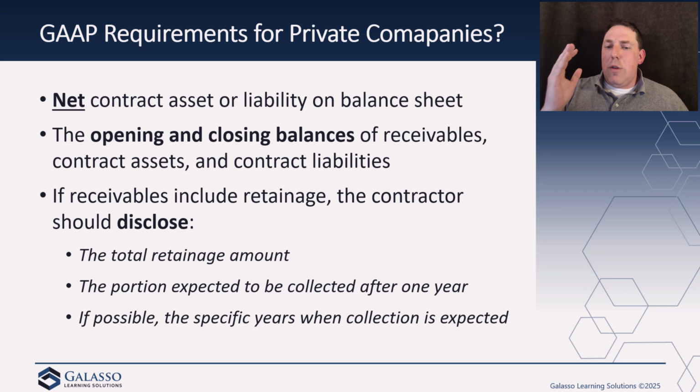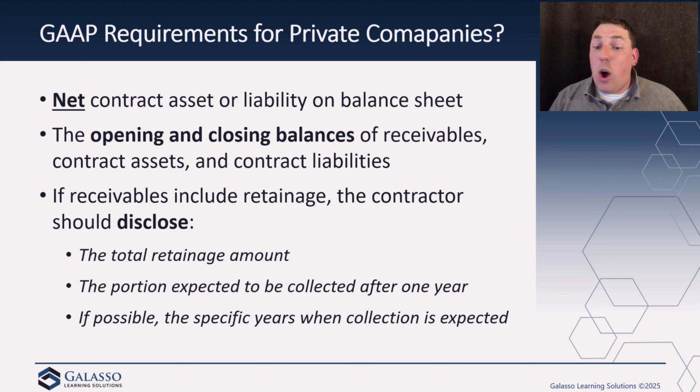So say you've got an excess billing of $2 million and retainage of $1 million. Well, you offset that, you net it and show the $1 million amount under contract liabilities. That's why, as we saw earlier, retainage can be included in both contract assets and contract liabilities, even though it's technically earned, kind of like a receivable by the contractor.